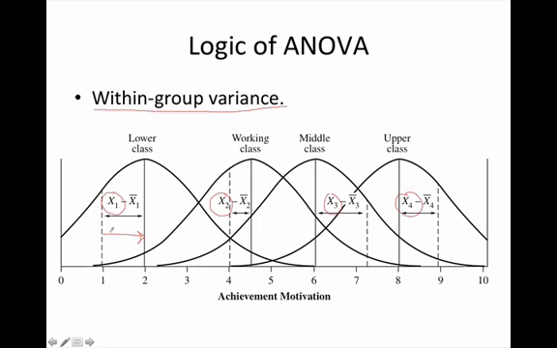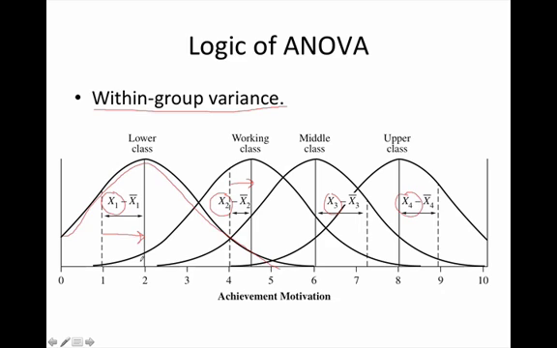So here I have a pretty large degree of variability between x1 and its mean. Here this observation is a little closer to its mean, but it still varies. Likewise, x3 is down here below its respective mean, and x4 is below its respective mean. So what we mean by within group variability is the extent to which, underneath each one of these curves independently, scores differ from that respective mean.